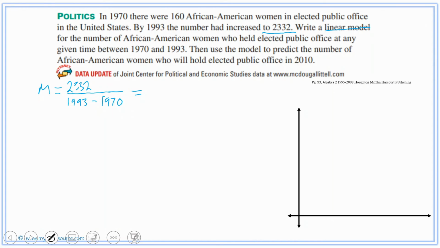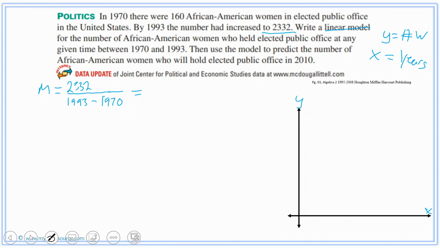So hopefully you can see already that the y is representing the number of women, and x is going to represent our time in years. You could use t or x.